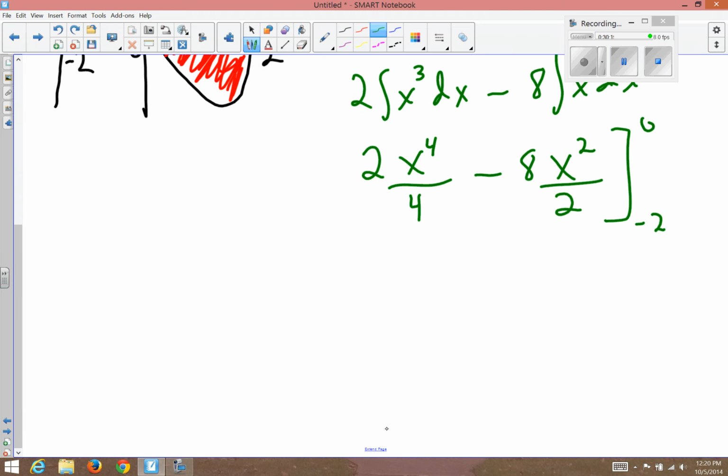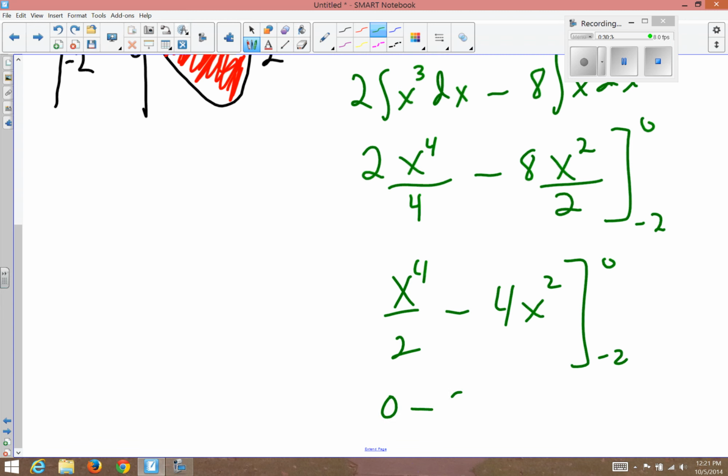Before we plug in these numbers, we can reduce these. X to the 4th over 2 minus 4x squared, from -2 to 0. So this indicates replacing all the x's with 0. 0 to the 4th over 2 minus 4 times 0 squared, minus, now all the x's will be -2. -2 to the 4th is 16. -2 squared is 4 times this 4.